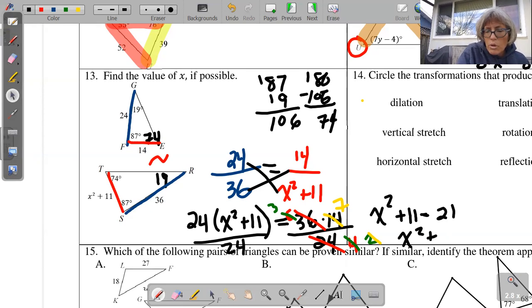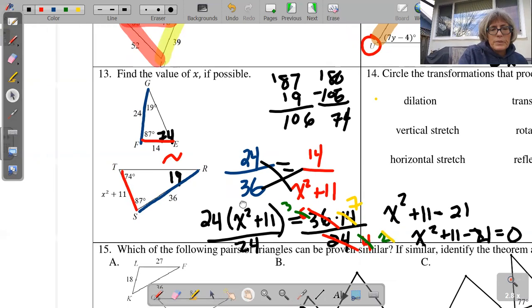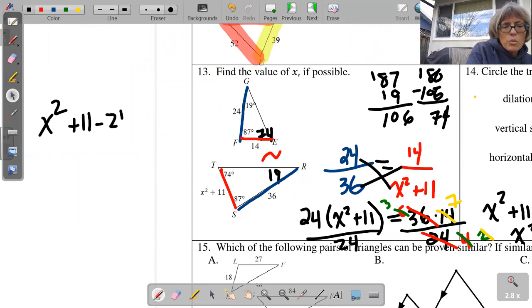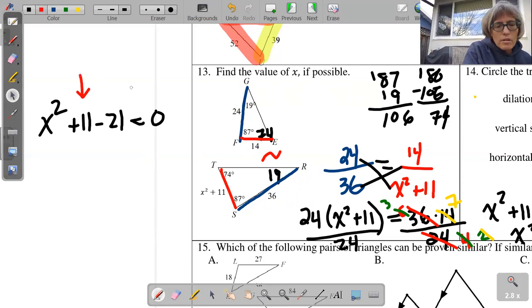X squared plus 11 minus 21 equals 0. Now you're left factoring. You ask yourself, what numbers are multiples of 21 that might add to 11? And that's going to be 7.